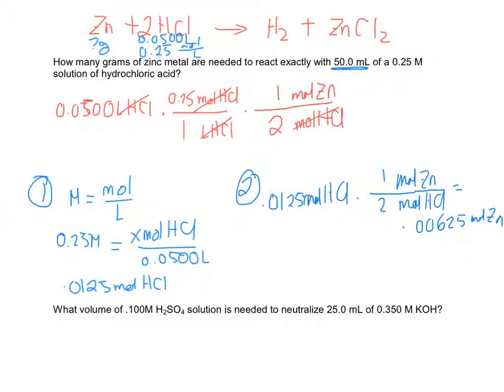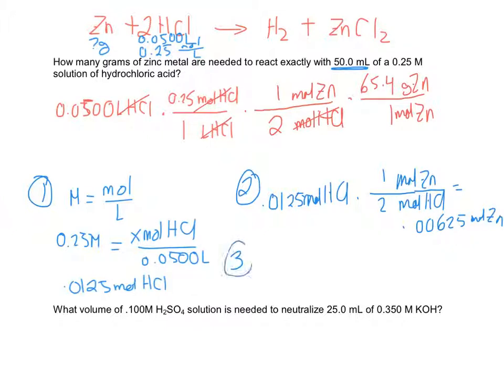Okay. Last step is to actually answer your question. So if you're doing it here, again, you don't have to stop in the middle. You can just keep going. So moles of zinc on the bottom, grams of zinc on top. And the molar mass of zinc is 65.4 grams.